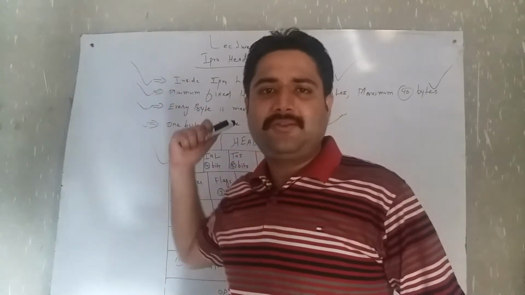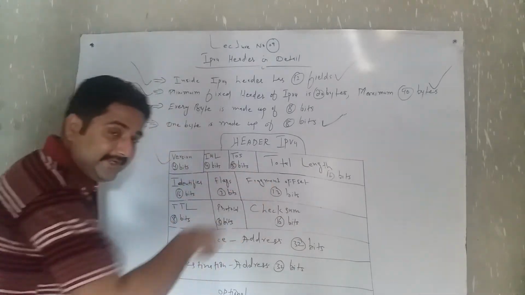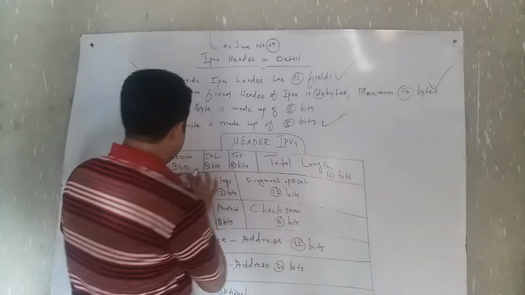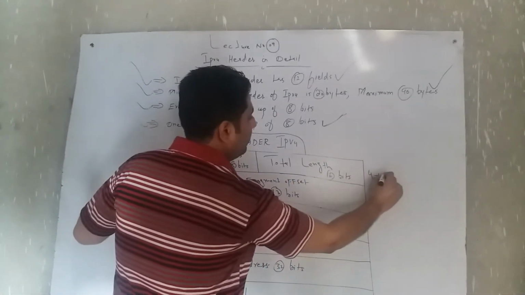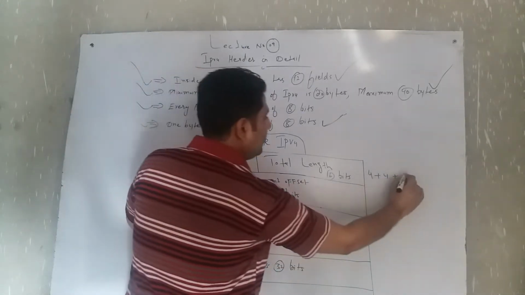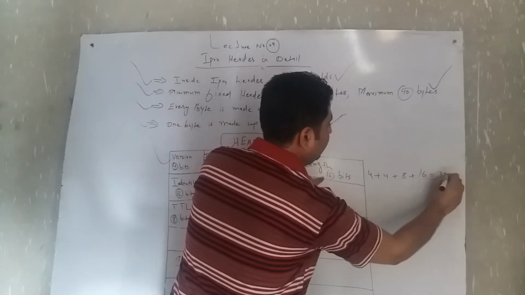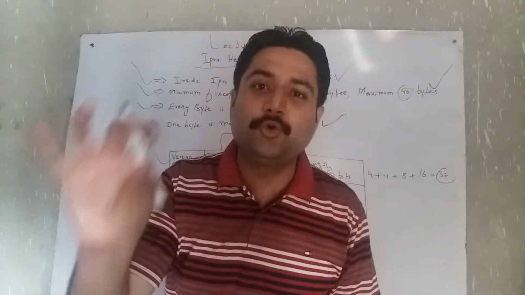I want to discuss all the fields of IPv4 step by step. First, count here: 4 plus 4 plus 8 plus 16. What will be the output? 32, because IPv4 is made up of 32 bits.